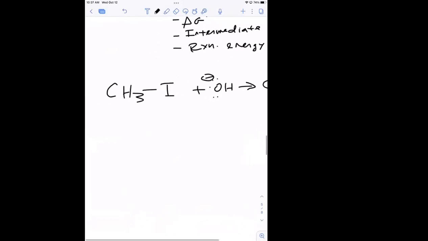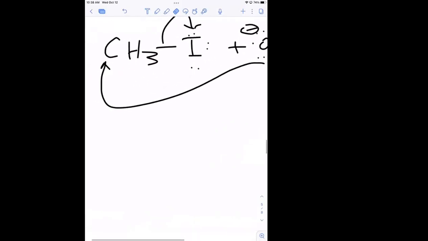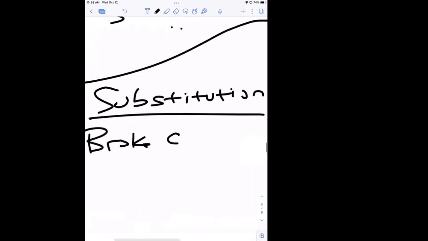Let's do that. This carbon. In doing that substitution, what bonds did I make and what bonds did I break? Broke a sigma bond between the CH3 and the I. So in this reaction, I broke the carbon iodine bond.